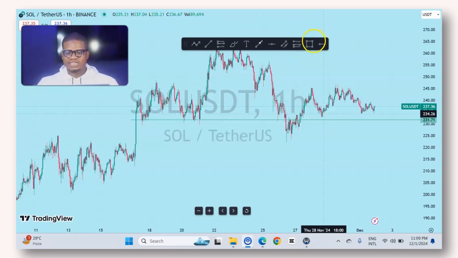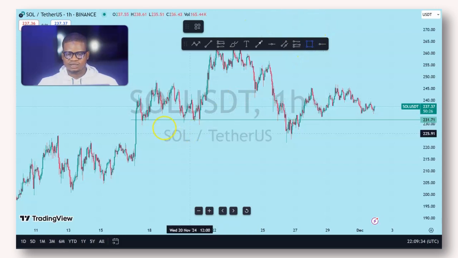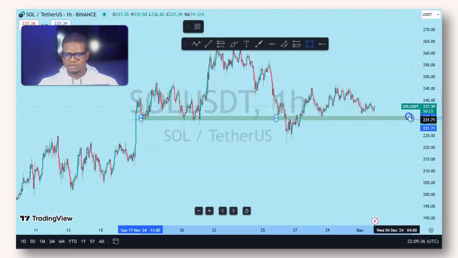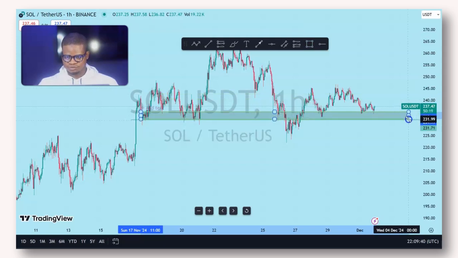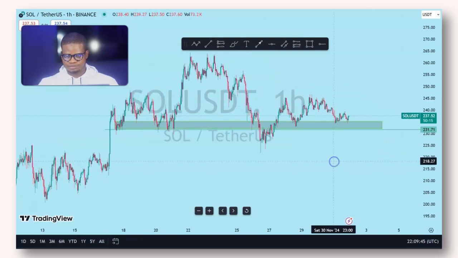So most of the time I prefer to draw my support and resistance using this box tool. Instead of using the straight line, I use this box tool. This box tool is to be able to capture all these moves together from this point to this one.